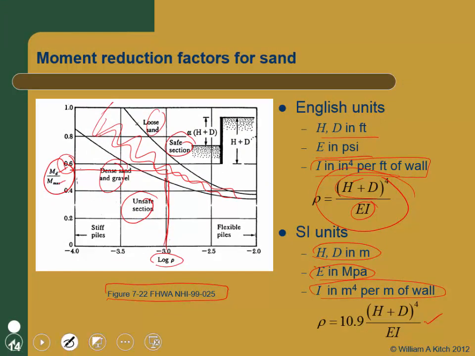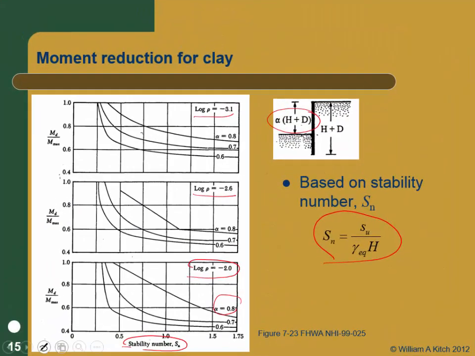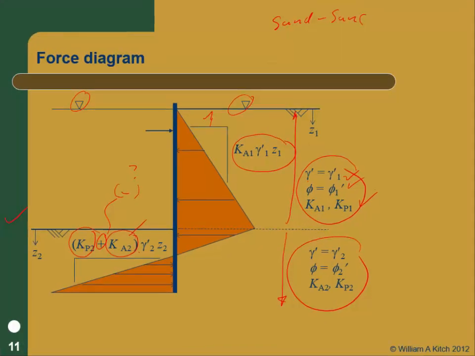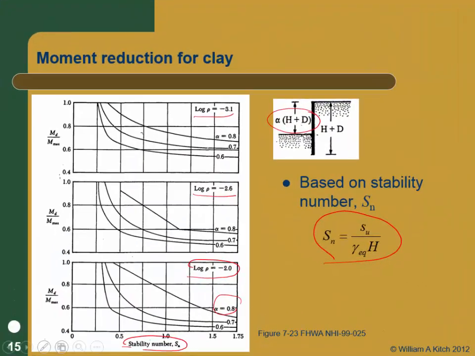And there's one for sands, and there's one for clays, to reduce the moment when we pick the section modulus for a pile. We're going to design the depth of embedment, everything with the free earth assumptions. We're going to use this earth pressure diagram to compute our depth of embedment. But when we calculate the moment, we're going to reduce it because we know that the way we're doing this, it's too high. All right? That's the free earth method.